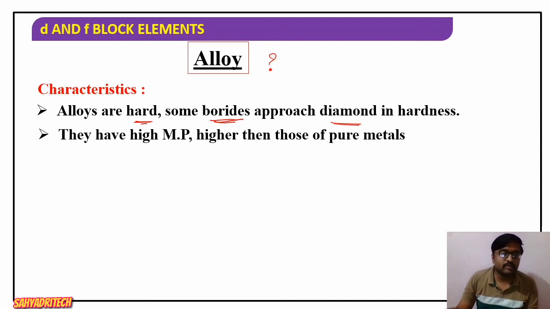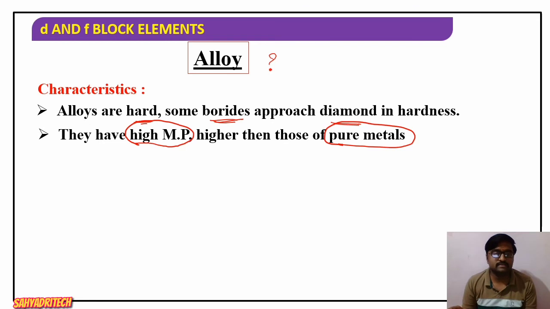Regarding melting point, alloys generally have a high melting point, too high in comparison with their pure metals. Pure metals have a low melting point, but the alloys prepared using those pure metals have a very high melting point. So it becomes an advantage of alloys. The second characteristic: alloys have a high melting point, higher than those of their pure metals.